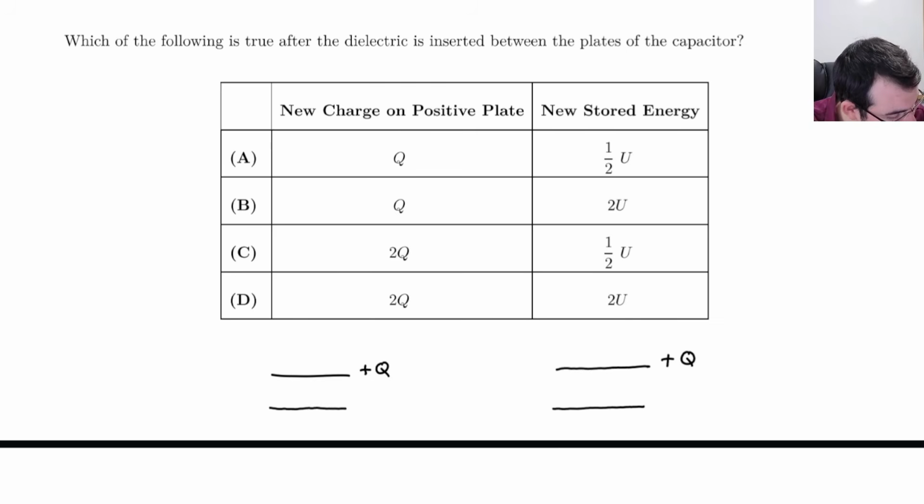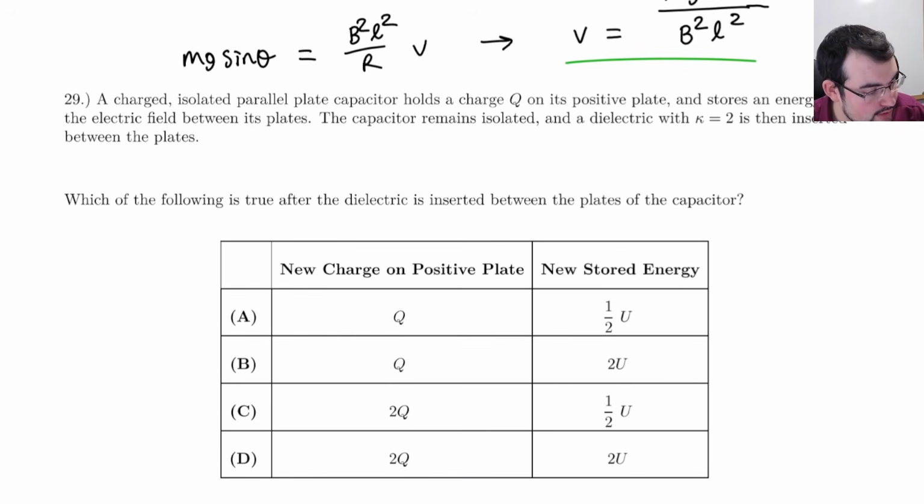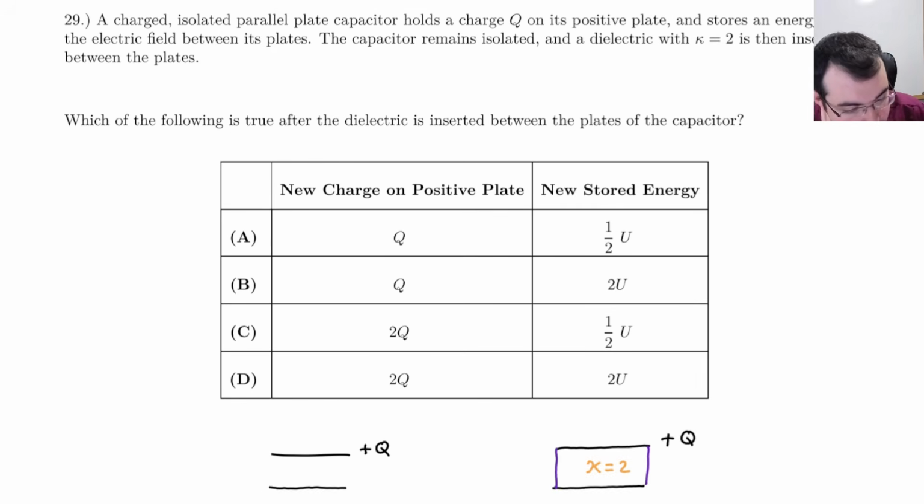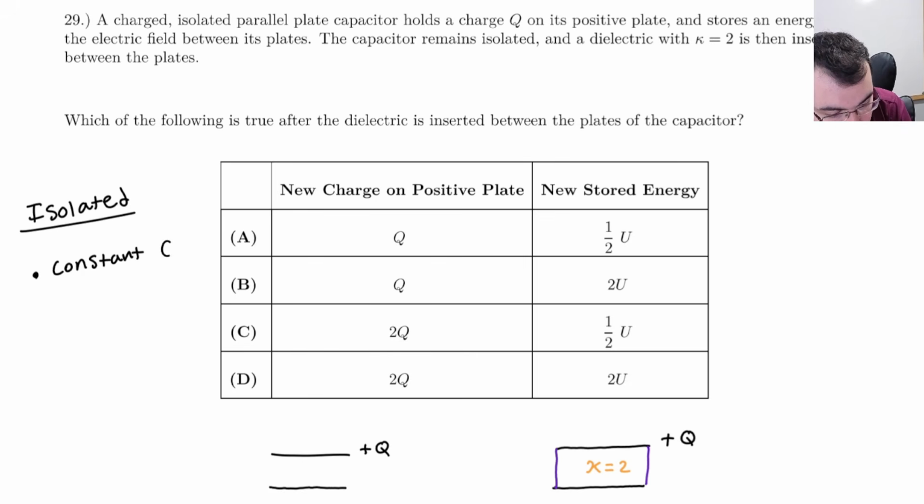So remember, what does a dielectric do? So first of all, this is isolated. So the capacitor is isolated. So isolated means there's nowhere for the charge to go. So if there's nowhere for the charge to go, that means that Q must be constant. So isolated, what does that mean? This means constant Q.